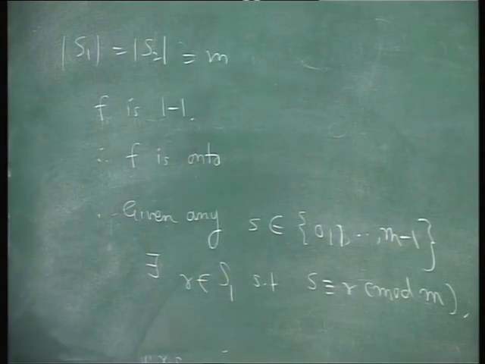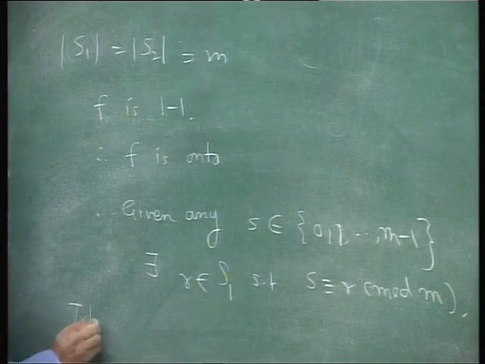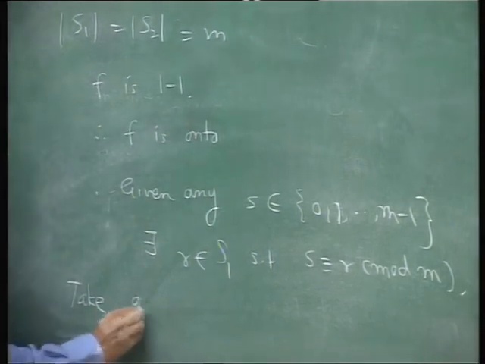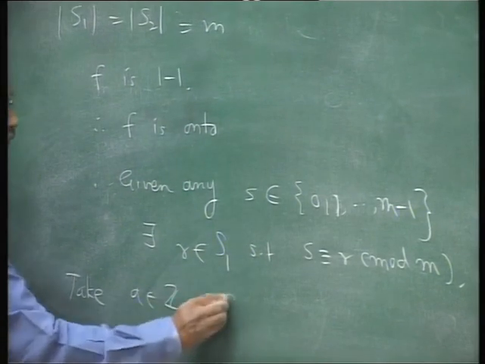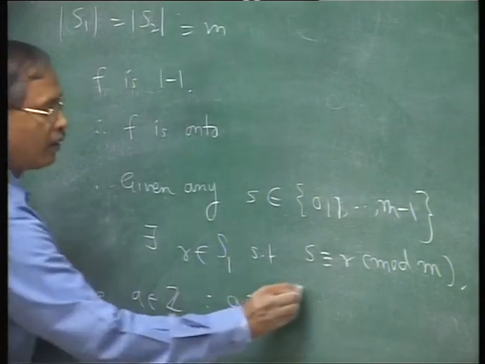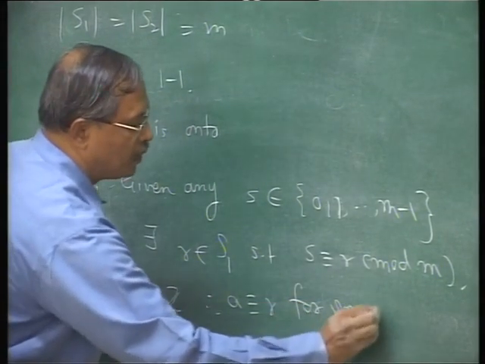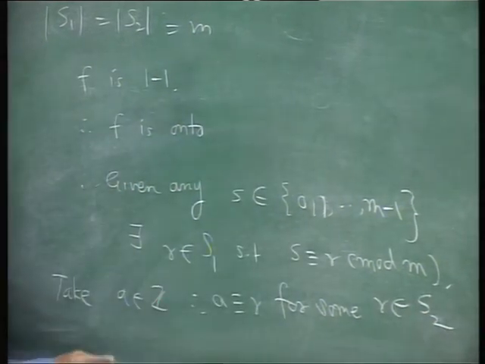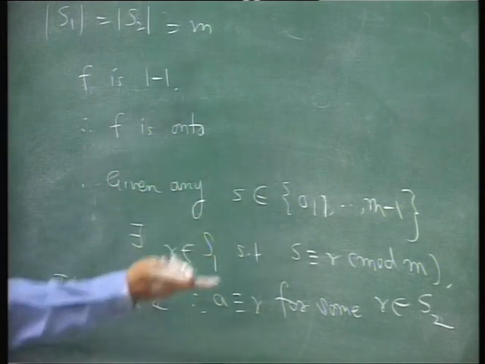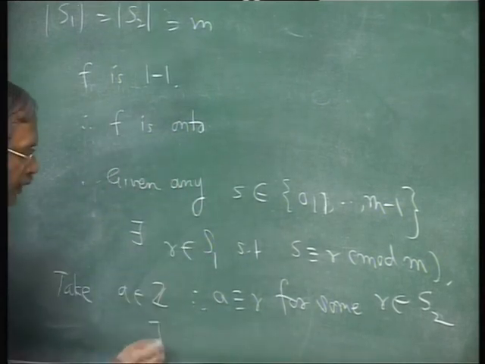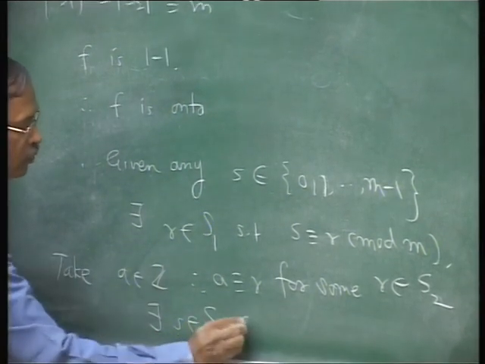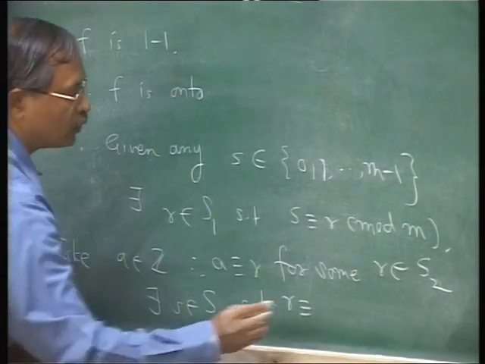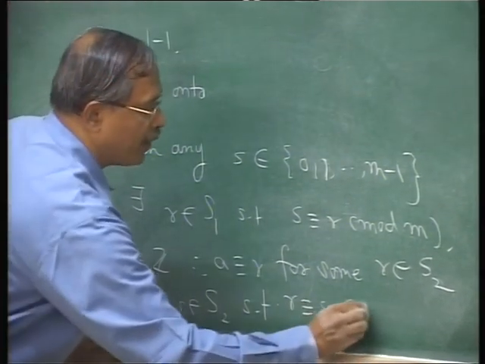Now take any integer, take A in Z, therefore A is congruent to S for some S in S2, and there exists R in S1 such that S is congruent to R mod m.